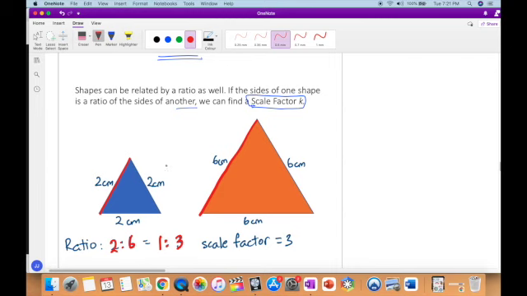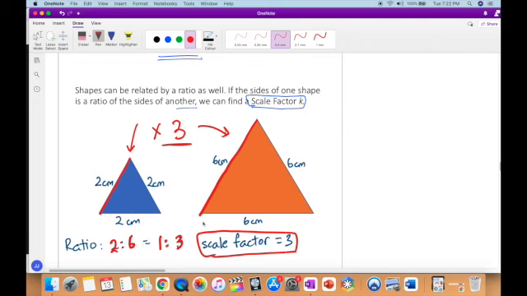Now, you'll want to reduce this to a ratio of 1 because you want to find the scale factor, which is 3. And what does the scale factor mean? Well, the scale factor is the number that you have to multiply. If I take this triangle and I multiply it by 3, I will get this triangle. So the scale factor tells me that this triangle is 3 times bigger than this triangle.